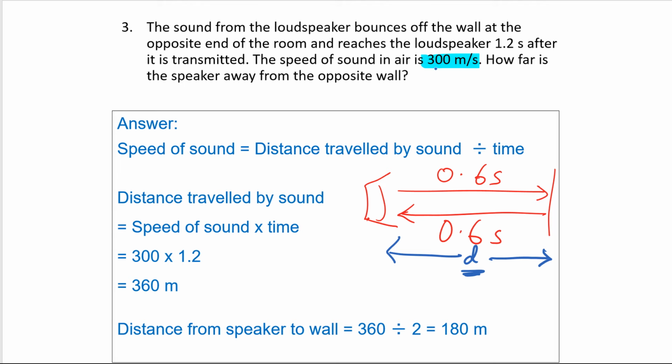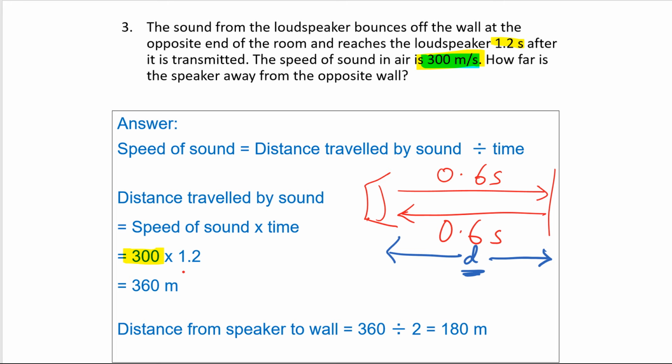The speed of the sound, it doesn't matter whether you bounce off the wall or not, the speed of sound remains the same value. So it's 300 in this case. Use the value that is given in the question, okay? The time, well, in this case, this working made use of 1.2 seconds. They use the time that the question has given, so 1.2 seconds, and then you will get an answer of 360 meters.